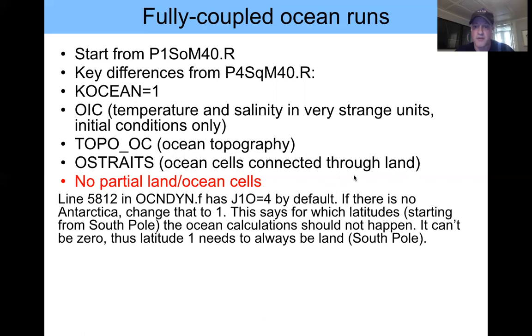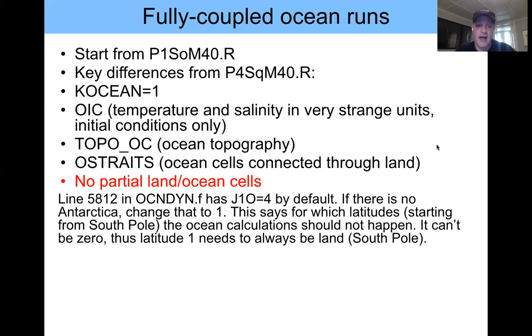The second input file that you want to look at is our ocean topography input file, topo_OC, that basically has three two-dimensional variables. The first one, the ocean, is the depth of the ocean for every cell in meters. The second one is the atmo, that's the height of the land cells.